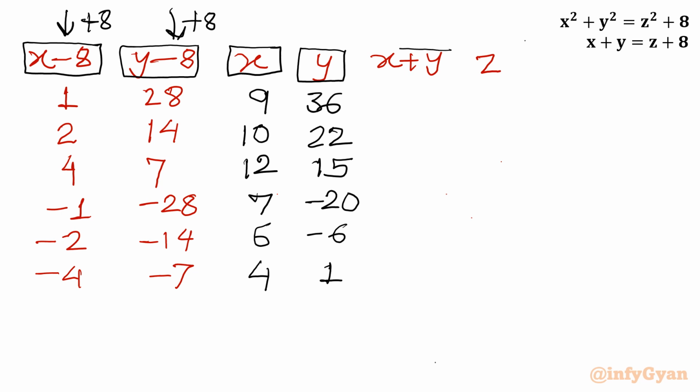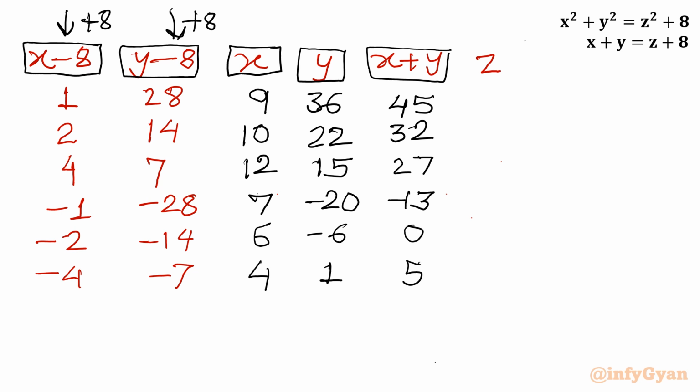Now for x plus y, add both columns: 9 plus 36 is 45, 10 plus 22 is 32, 12 plus 15 is 27, 7 minus 20 is minus 13, 6 minus 6 is 0, 4 plus 1 is 5.